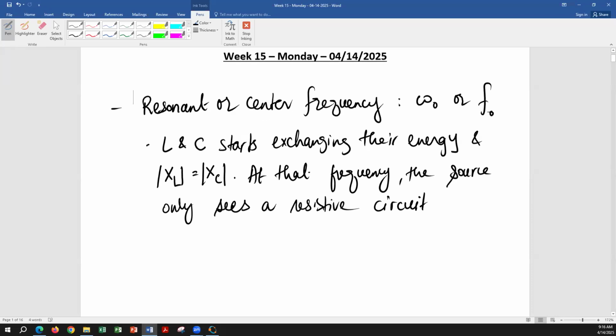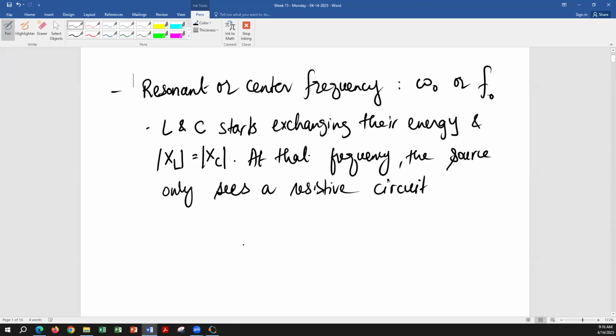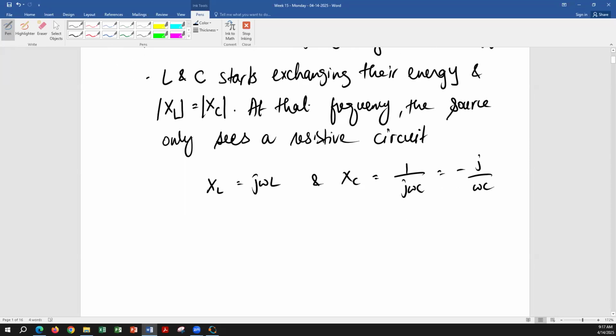So let's figure out what is the value of omega naught. XL is equal to j omega L, and XC is equal to 1 over j omega C, or negative j over omega C. So the magnitude of XL equal to the magnitude of XC means omega L... I should write this down.